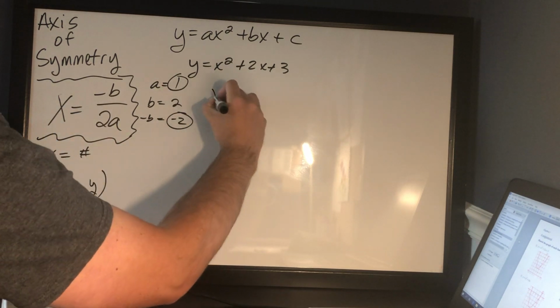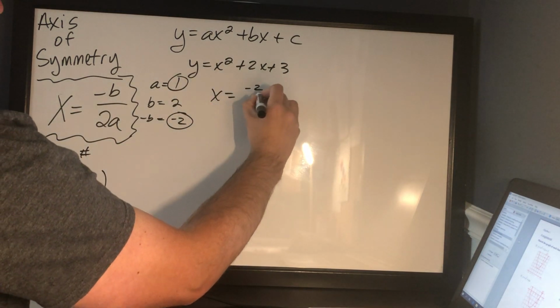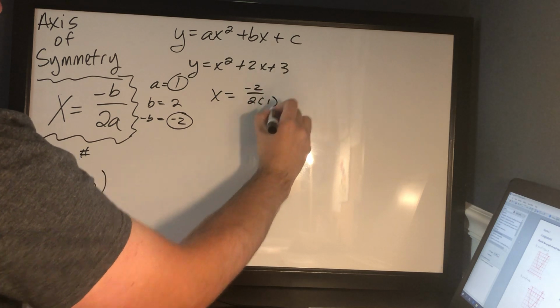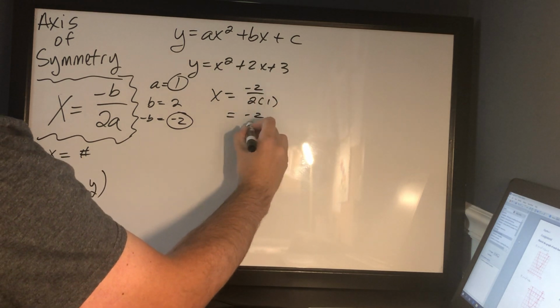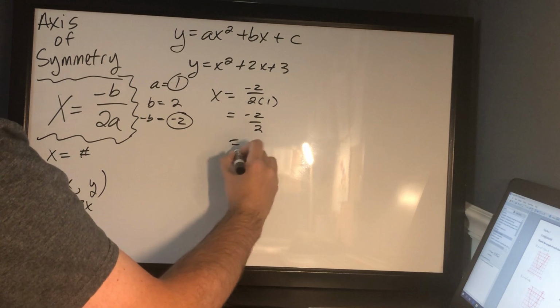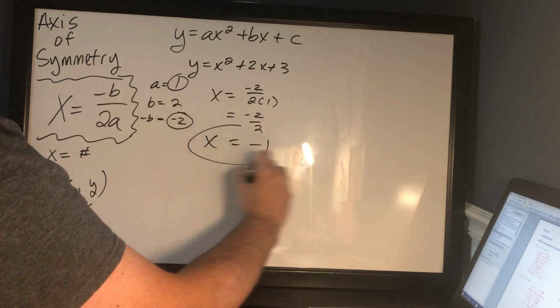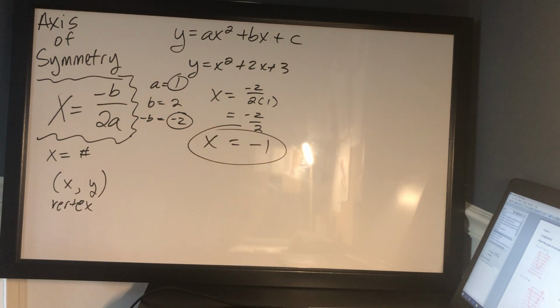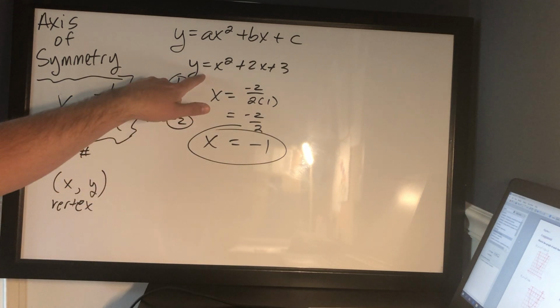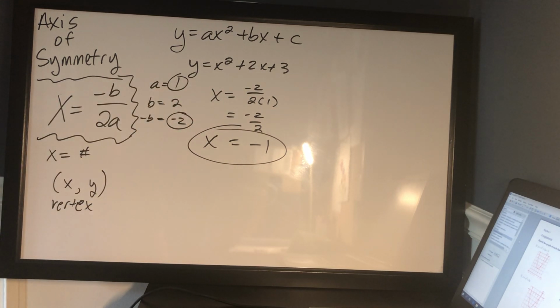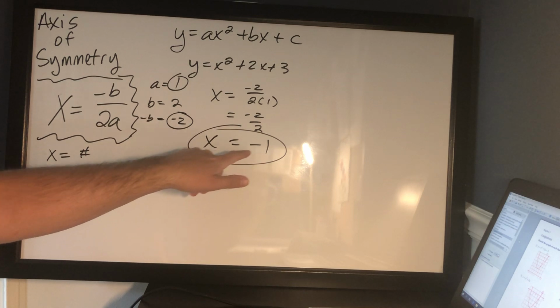Plug them in. x equals -2 over 2 times 1. -2 over 2 equals -1. So x equals -1. The axis of symmetry for y equals x squared plus 2x plus 3 is x equals -1.